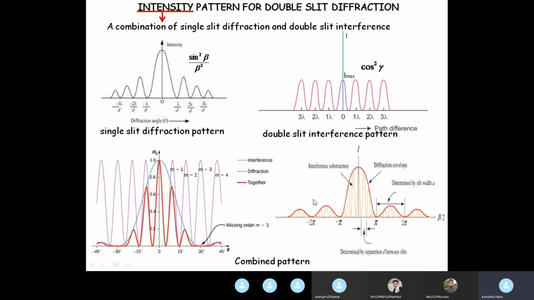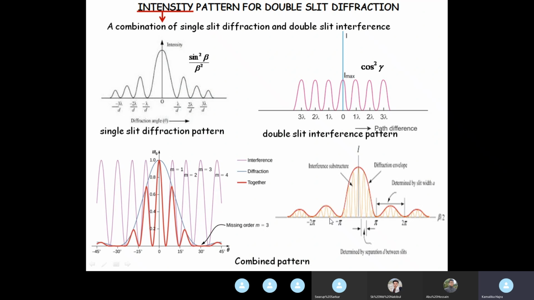So what we see on the screen is only the central fringe. By the time the envelope has reached its first minima, the screen ends. So we only see the central maxima of the diffraction pattern, and since we don't realize the presence of the diffraction envelope, because these are not there on the screen, we see only the interference pattern.